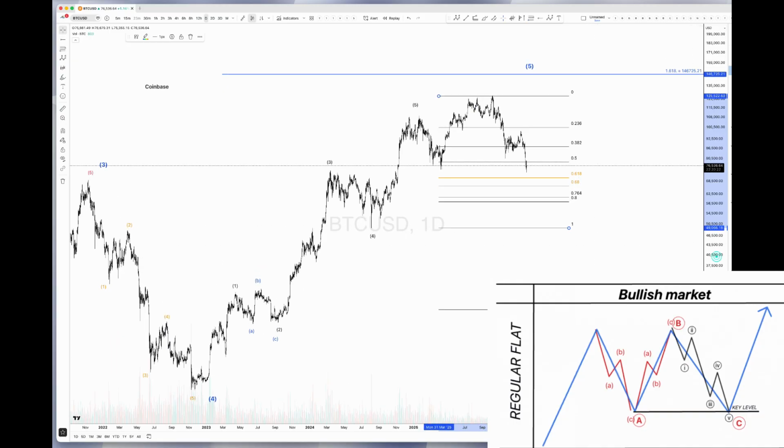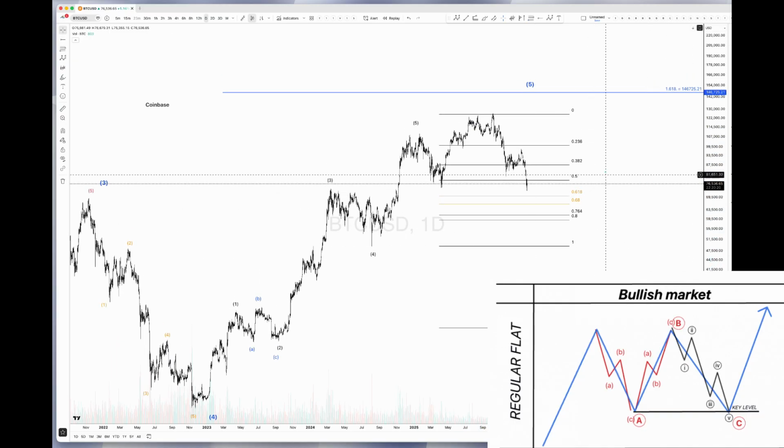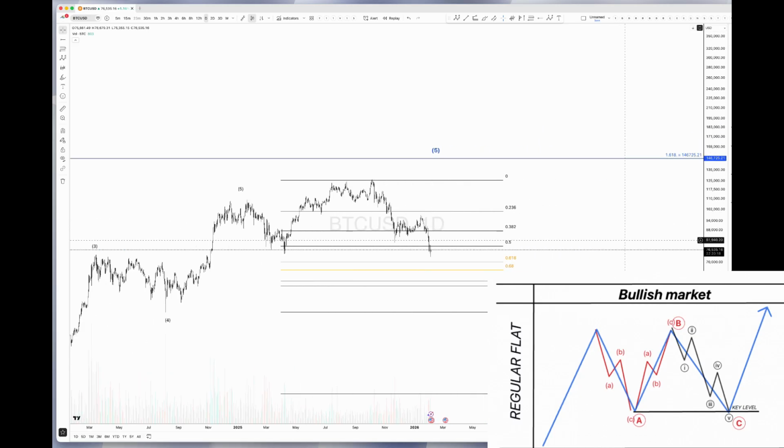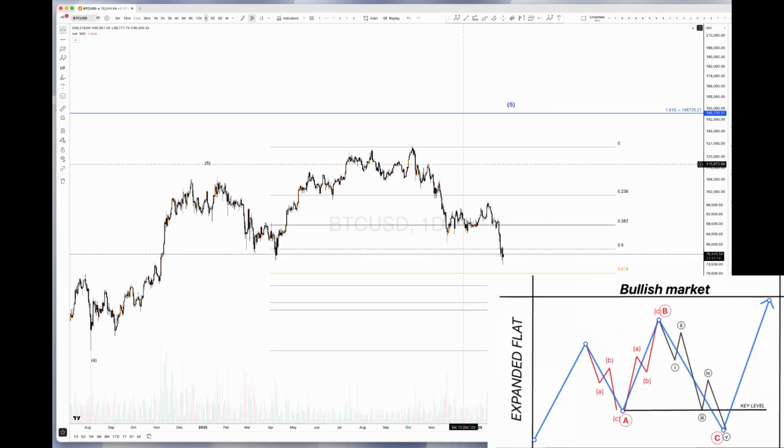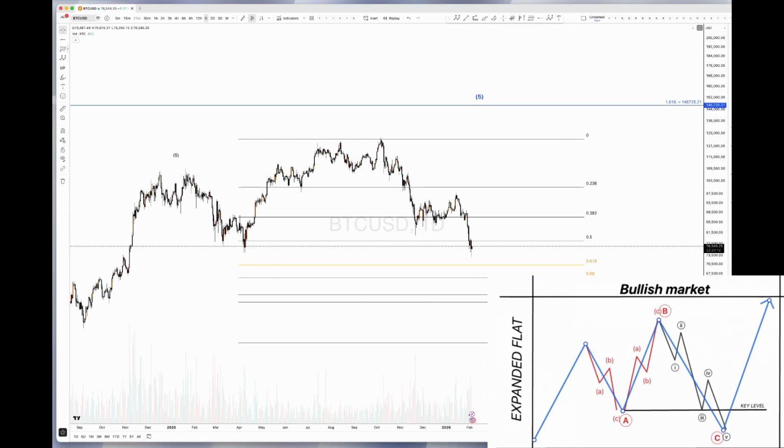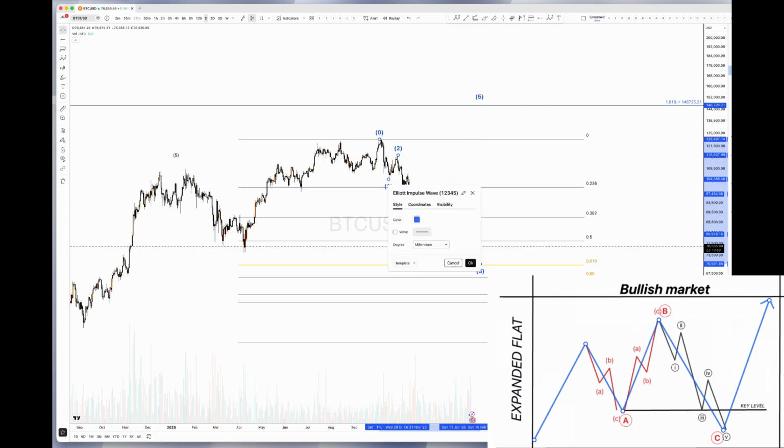Now, when we do the retracement on the smaller time frame, we have some Fibonacci going on. For this period, we think that's a 1, 2, 3, 4, and potentially 5. Let's just make that on the smaller time frame.